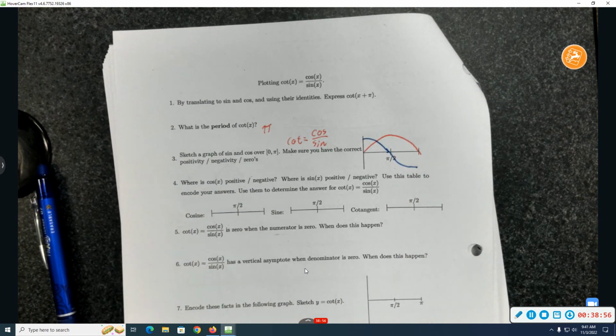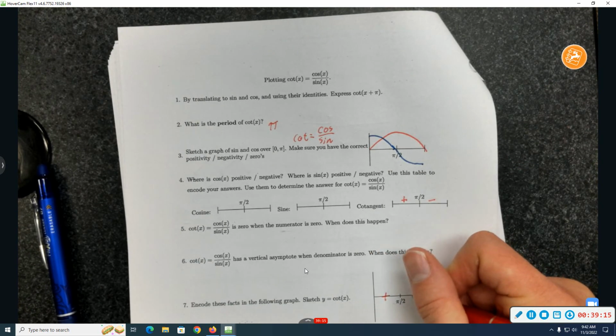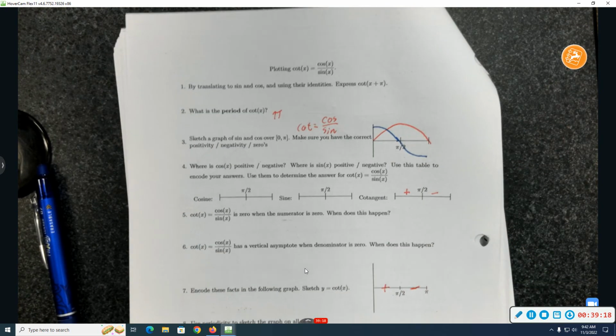So comparing cotangent to tangent, where will it be positive, where will it be negative? Exact same places. Right, instead of having a negative divided by a positive, you'll have a positive divided by a negative. That's still negative. So positive and negative in the exact same places.